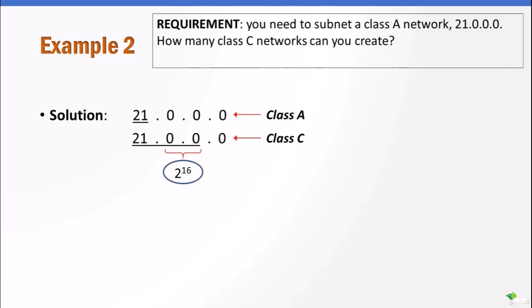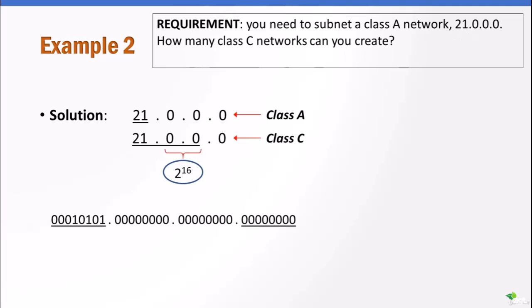I'm actually going to try and prove that to you. So we're going to look at the binary representation of our network 21.0.0.0, and we're not going to change the first octet and the last octet. So the first octet we're not going to change because we can't change it. That's what we got in the requirement.